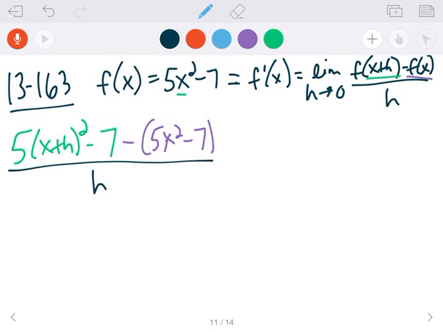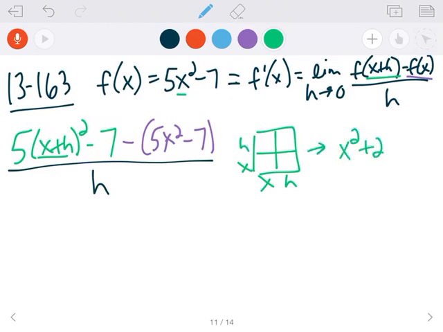All right, so to simplify this, x plus h, the quantity squared, we could use an area model to multiply out x and h and x and h. And when you do that, you end up getting x squared plus 2xh plus h squared. Remember, we need to multiply that whole thing by 5.